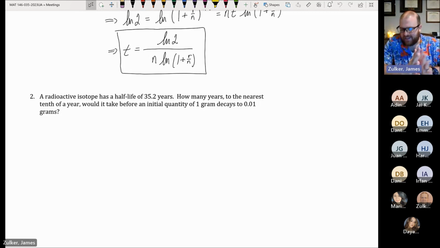In this case, let's say we're given a total of 5 grams. And we split it into 5 1-gram experiments.